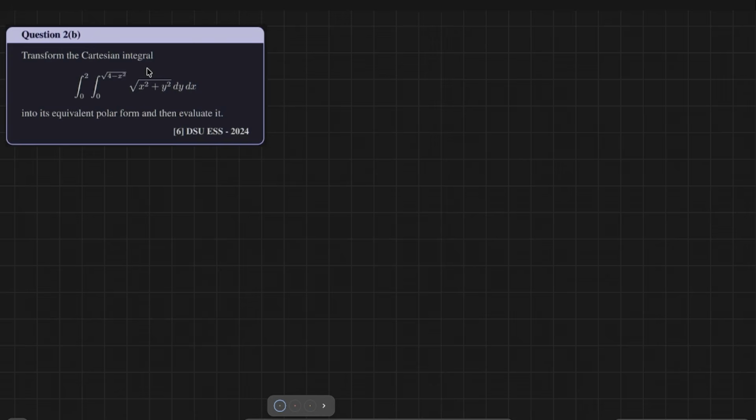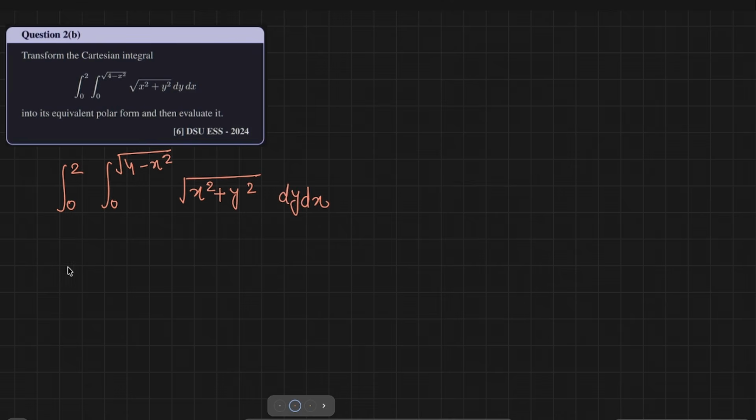Now come to the second B question 2024. It is basically again to transform the Cartesian integral to polar, then evaluate it. First you have to transform and then evaluate. Very easy. First of all, write down the integral from 0 to square root of 4 minus x square of root of x square plus y square, dy dx.